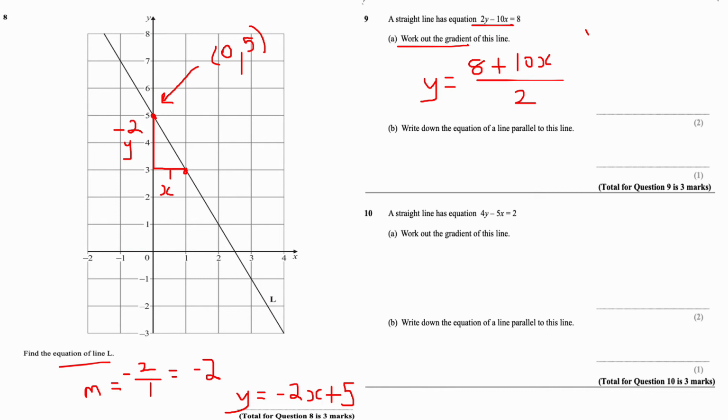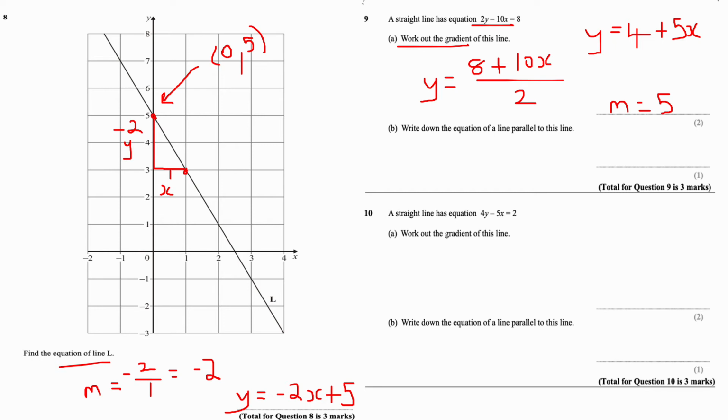The equation of the line here is y is equal to 4 plus 5x. 8 divided by 2 is 4, 10x divided by 2 is 5x. So the gradient is the coefficient of x, m is equal to 5. The gradient is equal to 5, the number in front of the x.